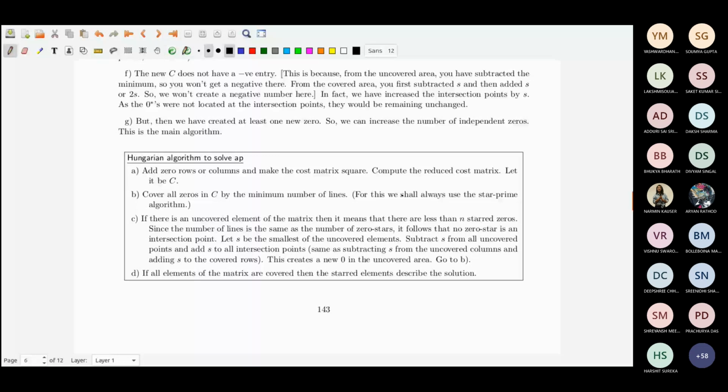And then it says once you cover by the minimum number of lines, from the uncovered area you subtract S, let S be the smallest of the uncovered elements. Subtract S from all uncovered elements and add S to all intersection points. This is the same as subtracting S from the uncovered rows and adding S to the covered columns.